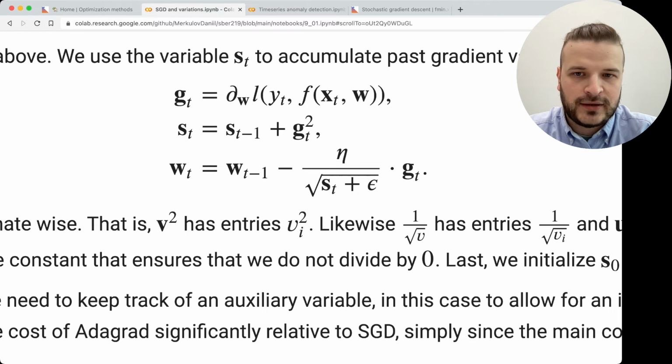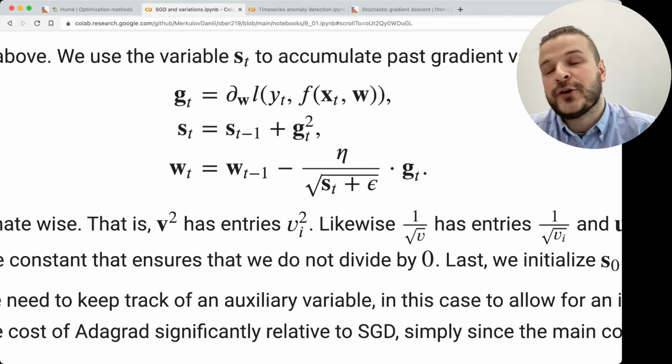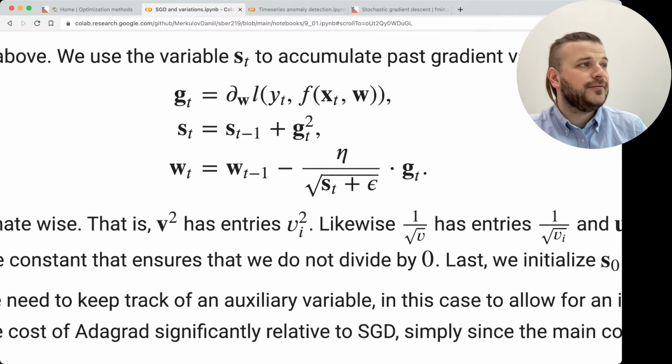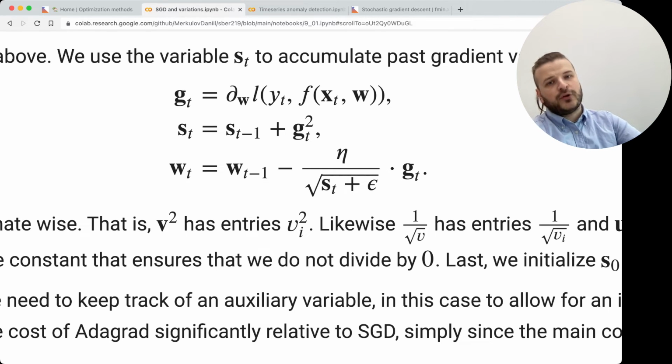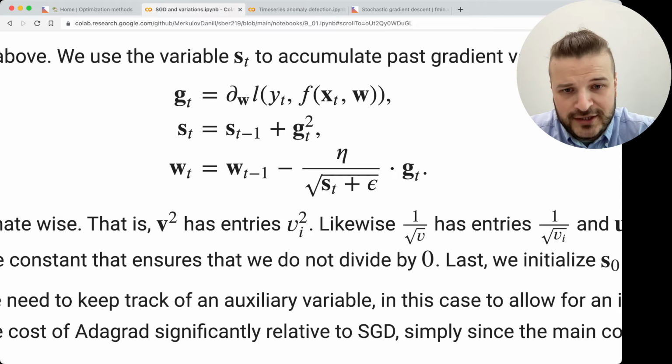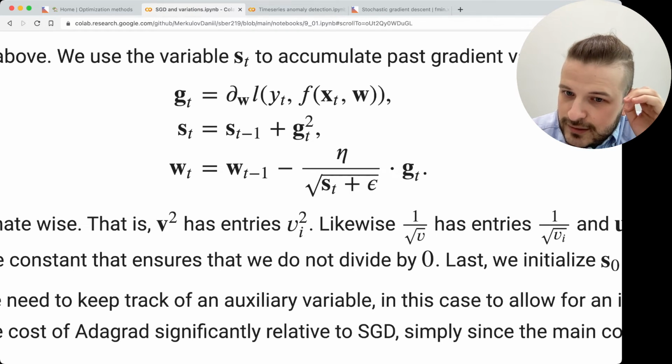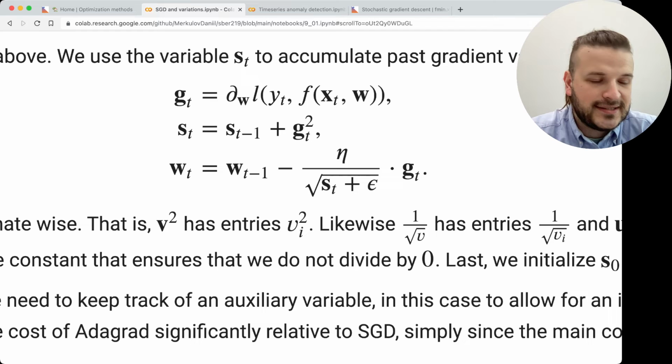vector S. Okay, vector S, here is the square root of this vector. So here you have just the square root of all the gradient information, which means that if in some coordinate the gradient was very high, then you'll have to go a little bit more careful in this direction.